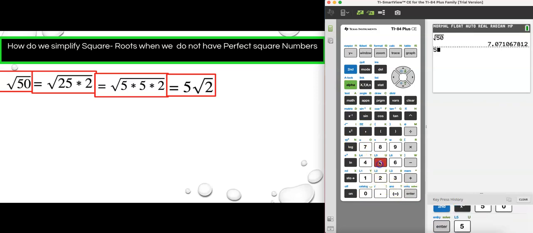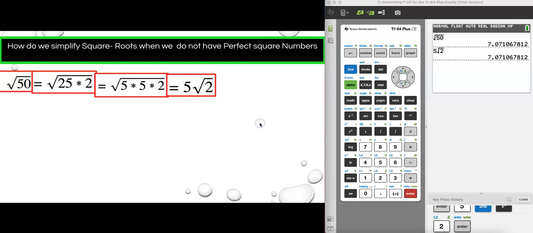Then I enter 5 times the square root of 2 and hit enter. Notice you get the same value because they are equivalent to each other. The only difference is that one is more simplified than the other. That's it. Let's look at some more examples.